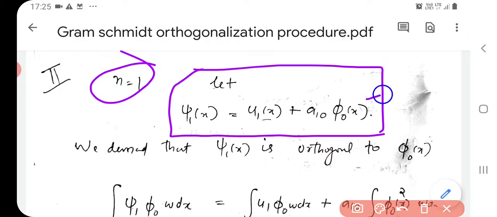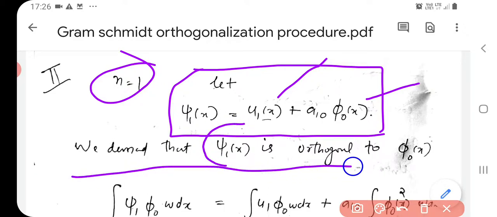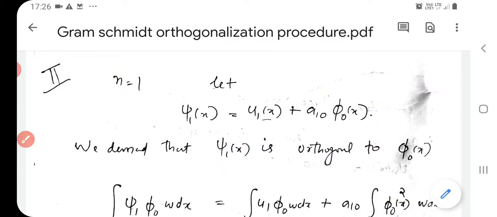Phi 0 of x we found in the previous step. u1 of x is available to us. So we are choosing psi 1 of x as equal to u1 of x plus a10 phi 0 of x. Then we demand that this psi 1 of x is orthogonal to phi 0. Phi 0 we formed in the first step.